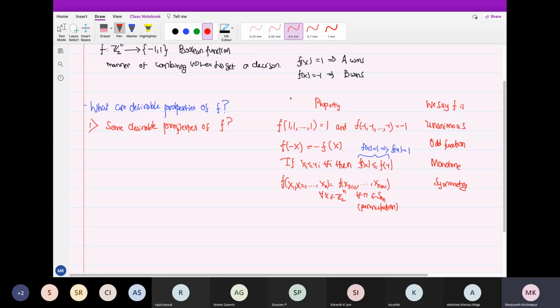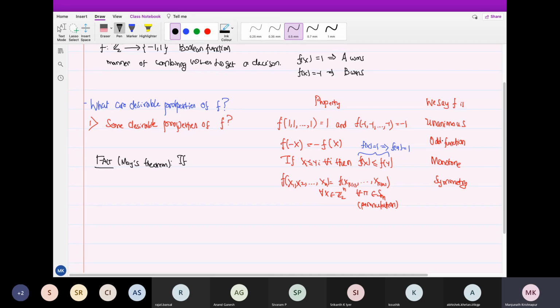So here is a very nice fact. It's an easy fact. It is apparently called May's theorem. What function has these properties? Let's talk about the majority function.